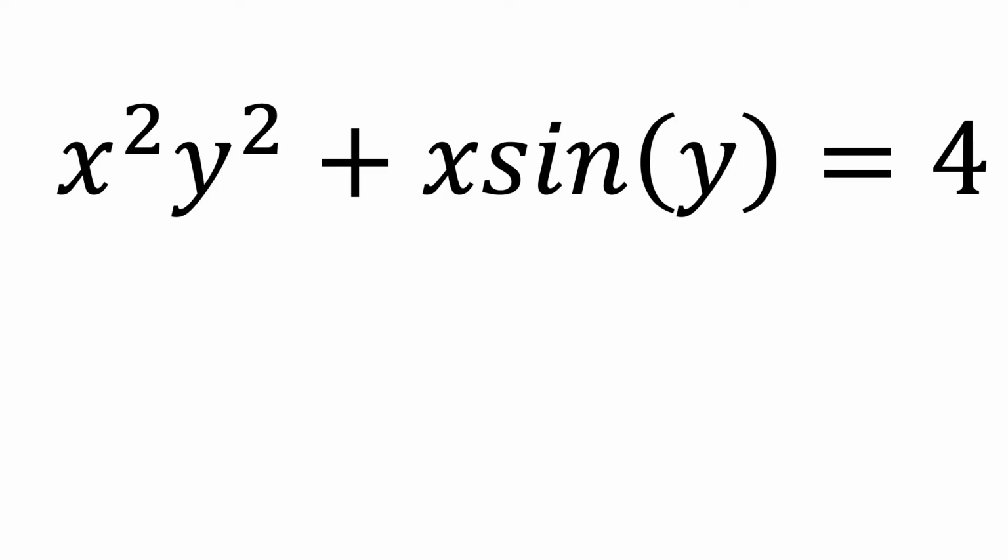So for today, we will be doing the implicit equation x squared times y squared plus x sine of y equals 4. The reason it's implicit is because y is implicitly defined with x, like y squared, not just y equals on the side.